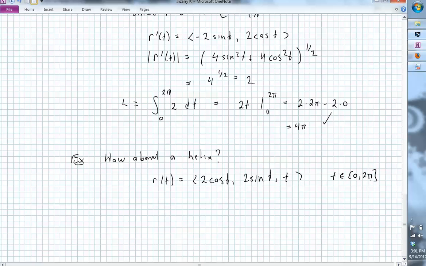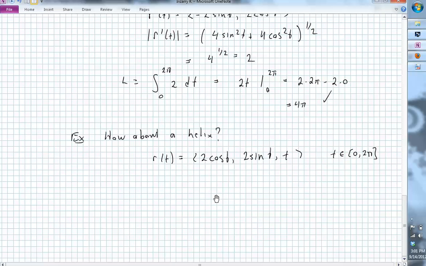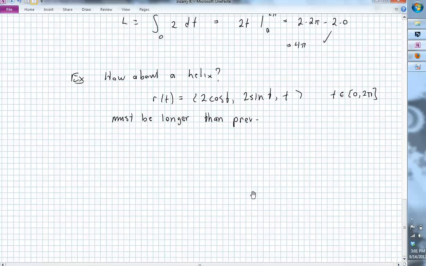How many units from beginning to end? 2 pi. It has to go up 2 pi. So it necessarily has to be longer. There's just no way around it. Let's see how much longer.